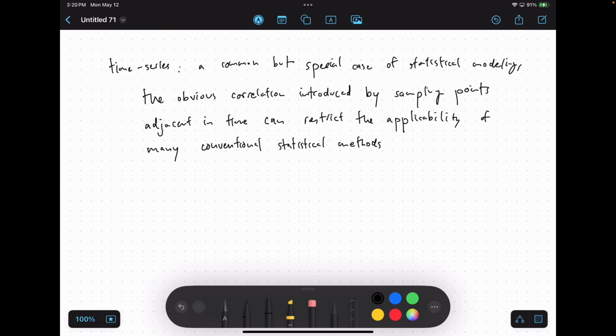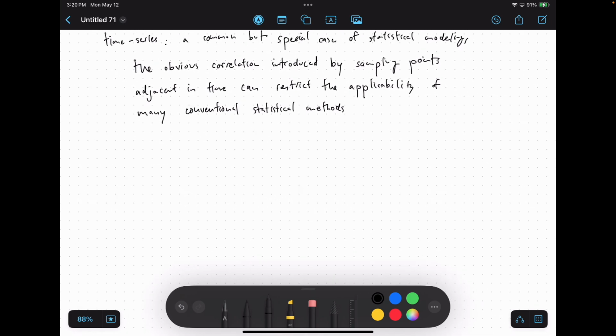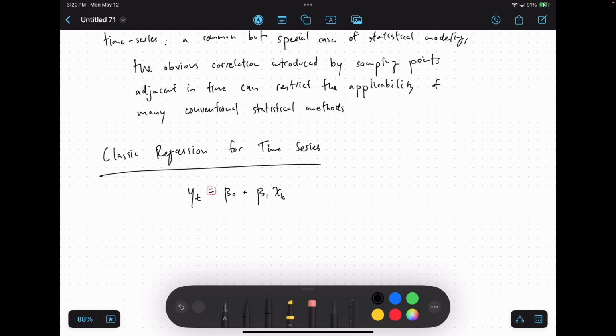So let's talk about a classic regression for time series. This might be something like y of t is beta 0 plus beta 1 x t1 plus beta 2 x t2 and so on.